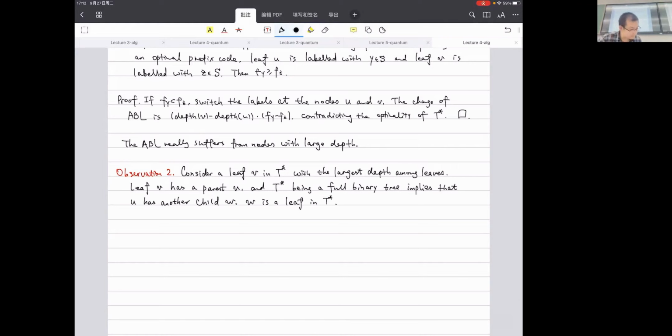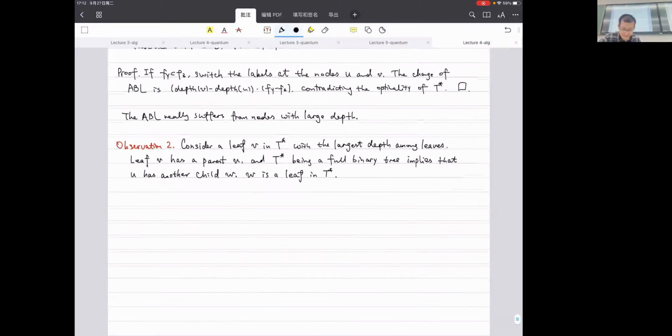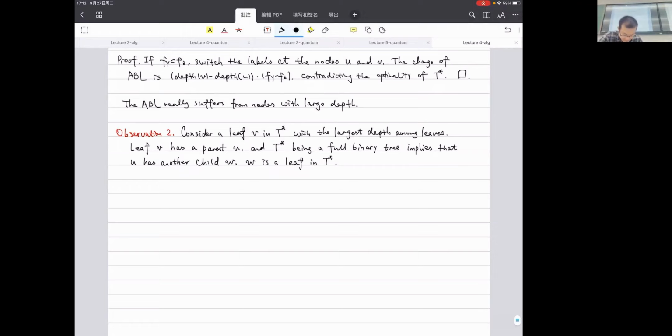I guess this is simply apparent. We are talking about a V here, which is of the largest depth, and V has a parent, which is called U here. We want to rule out a possibility.